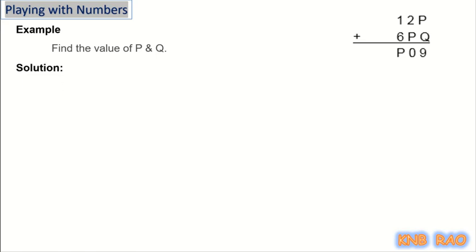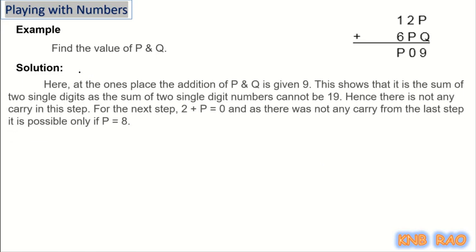Here, the solution is: at the ones place, the addition of P and Q is giving 9. It is given as 9. This shows that it is the sum of two single digits. As a sum of two single digits, the number cannot be 19, hence there is not any carry in this step.